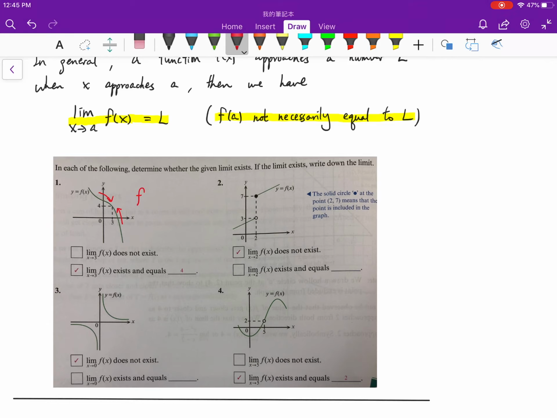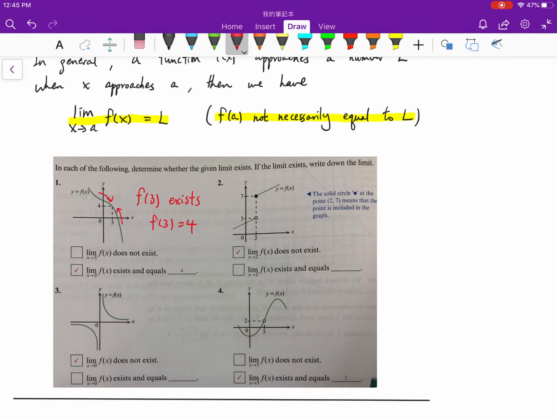And in this case, f(3) also exists, which is equal to 4. So the limit of f(x) exists and equals 4.